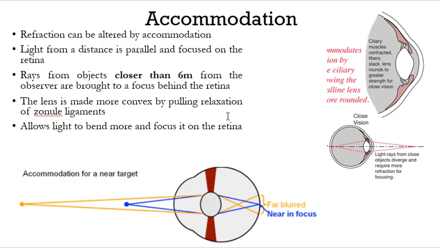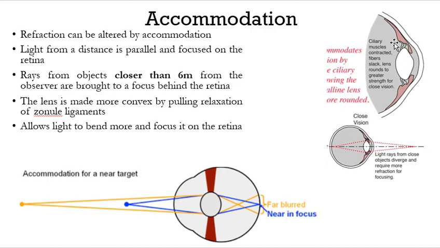So how does this happen? If we go to the diagram on the right, what happens is that the ciliary muscle of the ciliary body contracts, and once it contracts, it's going to then make the fibers slack.